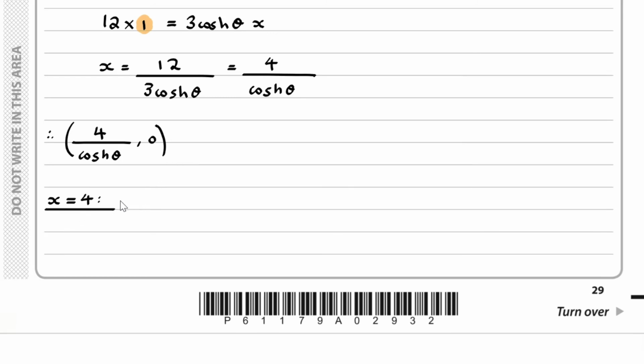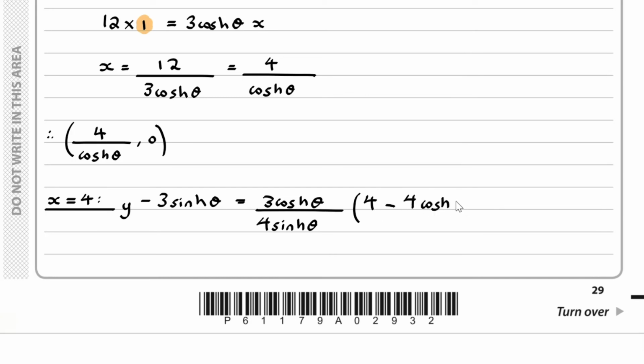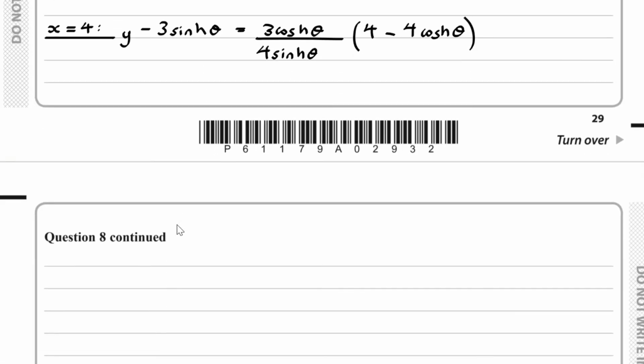Well, we have y minus 3 sine theta equals 3 cos theta over 4 sine theta lots of x. Now we know x is equal to 4, so we have 4 minus 4 cos theta, and we wish to find out what y is, so we can find the coordinates of B.